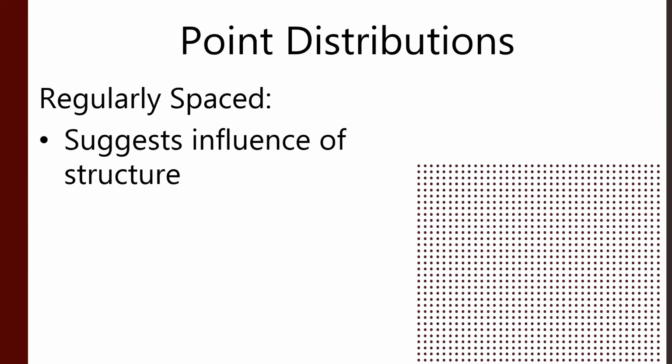How our data is operating, how our data is functioning, gives us an understanding of how this data was either made or influenced. Now, a regularly spaced structure like this, with these points that are clearly set up to be every certain amount of distance in this grid, certainly suggests some influence of structure, I would say.